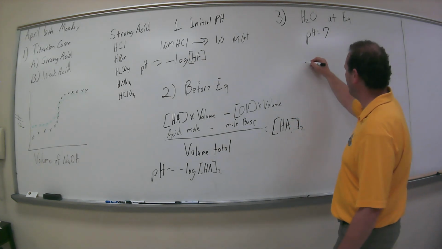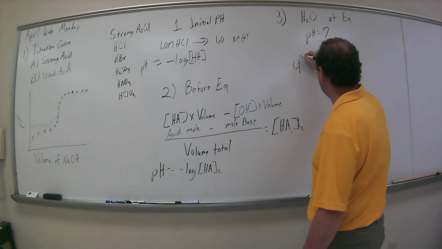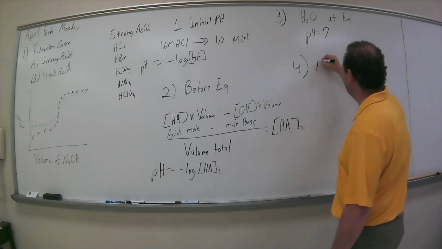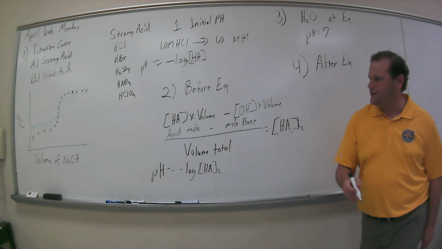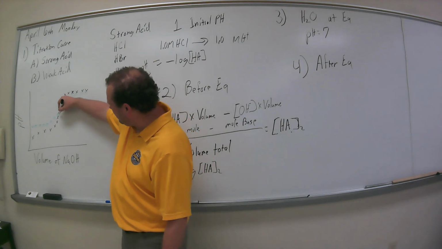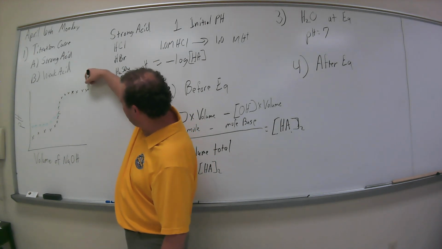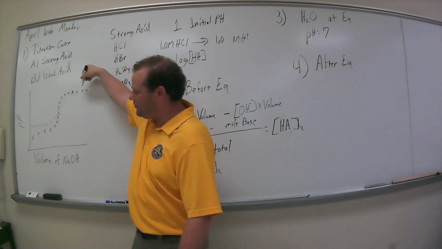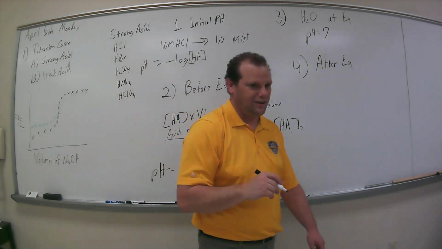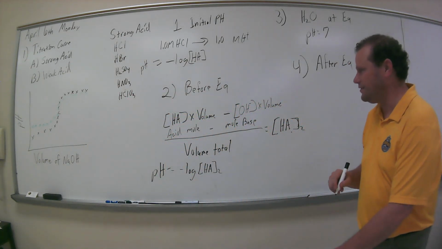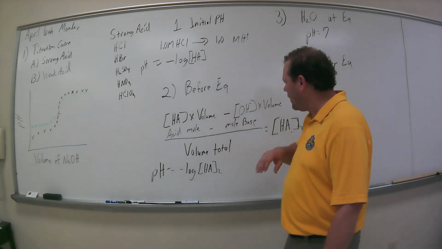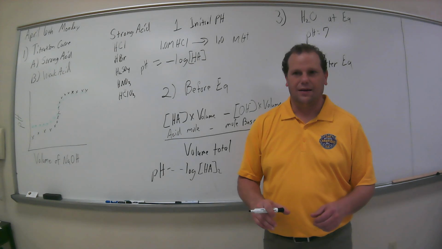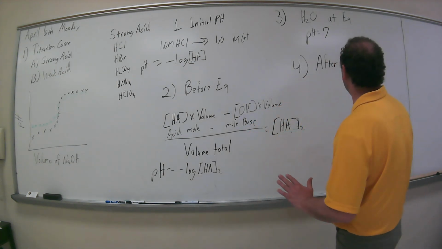Now the last point for a strong acid, strong base titration is after the equivalence point. What happens after the equivalence point? The equivalence point was here, then we come up here and find out what happens after we've neutralized all of our acid. In that case, you don't have any strong acid left. All you have is strong base, so it becomes a base problem.